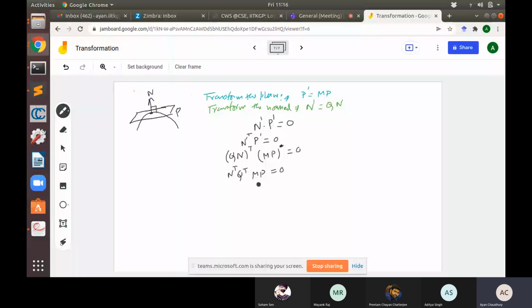Okay, so now here, see, N transpose P is equal to 0. Because if a normal is contained on this plane, then their product should be 0, because this angle should be 90 degrees. So this holds if and only if Q transpose M is equal to, so what does it mean?